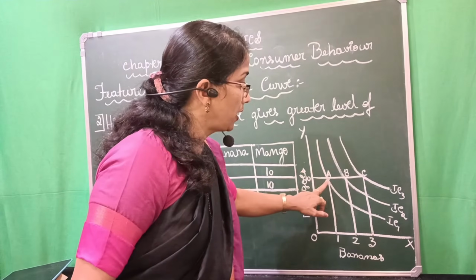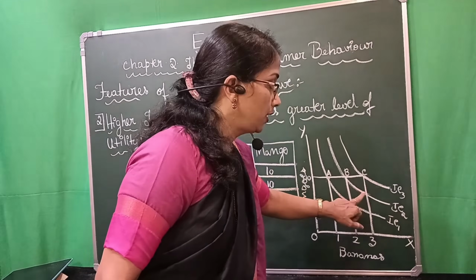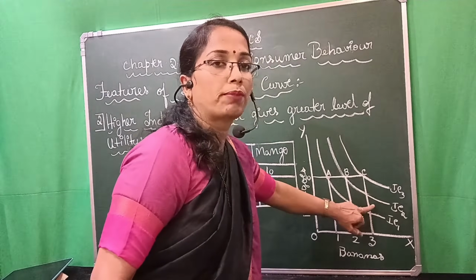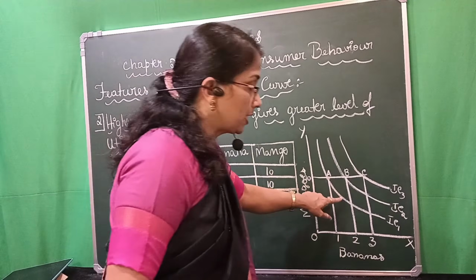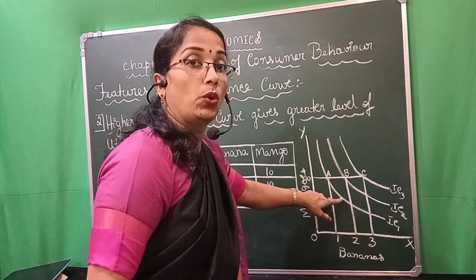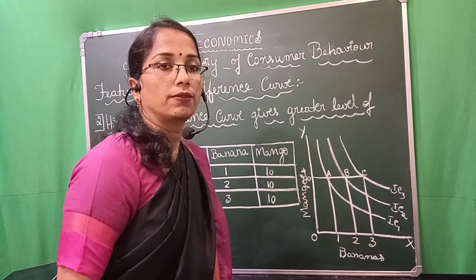And that point A lies on IC1 curve which is lower compared to IC2 curve. That means IC1 curve gives lower level of satisfaction than IC2 curve.